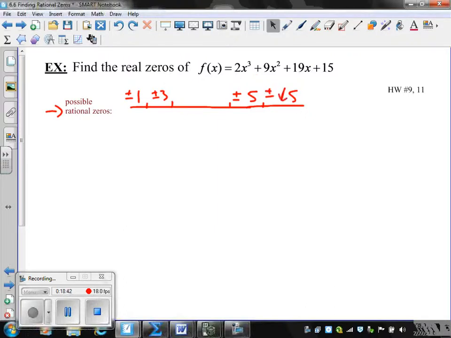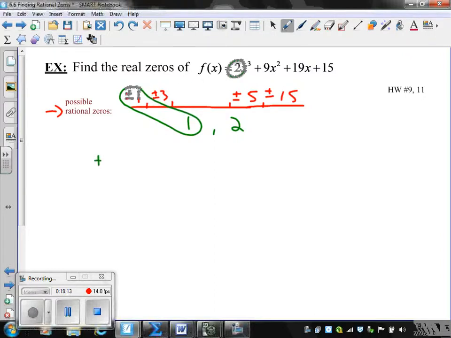Okay, so I now want to find factors of my leading coefficient. Well, that's going to be 1 and 2. And I don't need to put the plus or minus there because I really have it up top. So here's my list, and it's going to be several numbers. I'm going to take my first term up top and my first term in the denominator, and my list is going to start with plus or minus 1, because that's what 1 over 1 equals, right?